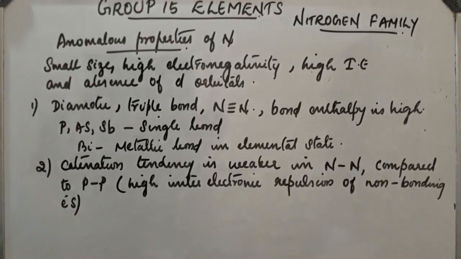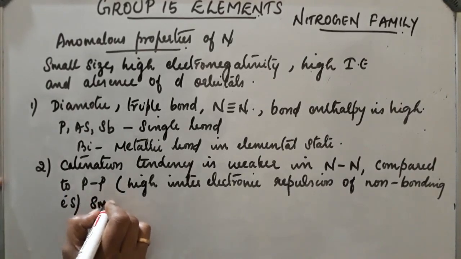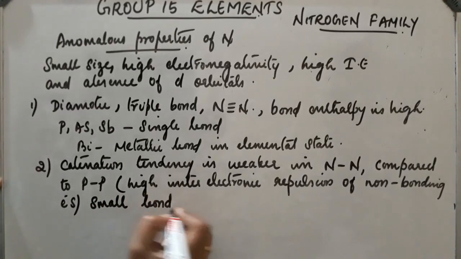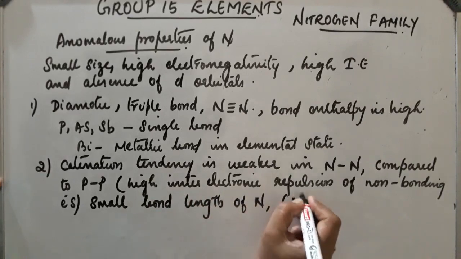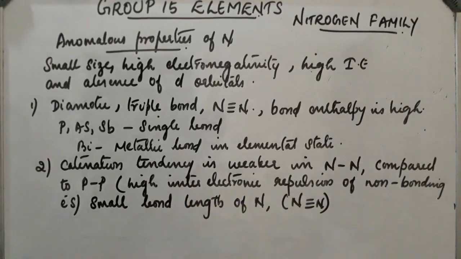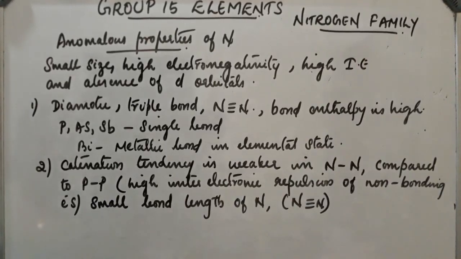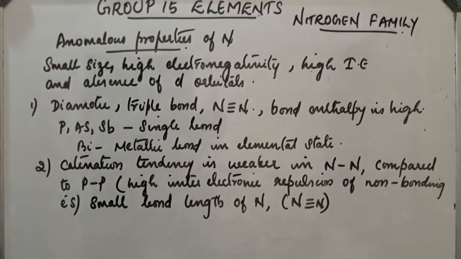The size of nitrogen is very small, so there will be high inter-electronic repulsion of non-bonding electrons. This results in a small bond length of nitrogen. The bond is actually N triple bond N. So the catenation tendency is weaker in nitrogen due to this inter-electronic repulsion of non-bonding electrons. Compared to the P single bond P bond, nitrogen's catenation tendency is very low.